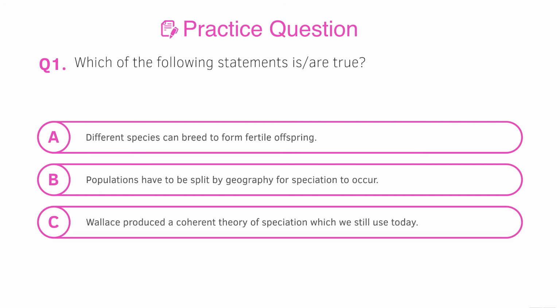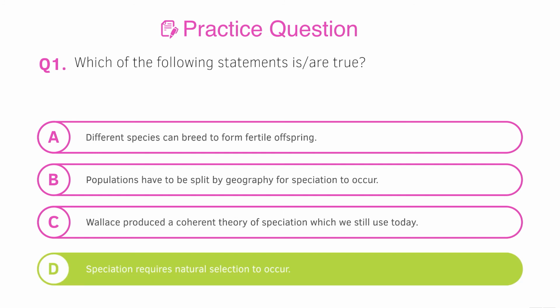C, Wallace produced a coherent theory of speciation which we still use today. This is false. And D, speciation requires natural selection to occur. And this is true because we require the process of natural selection to cause these two populations of the same species to become so different to each other that they are then defined as a different species.